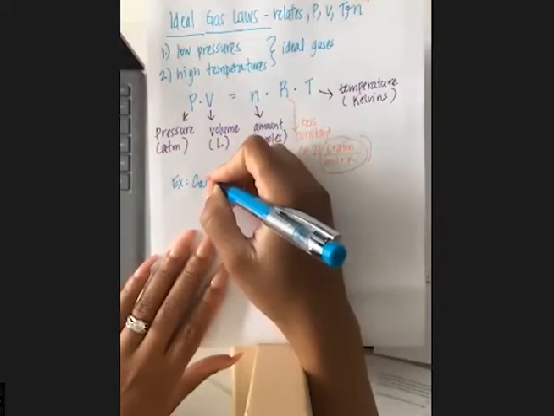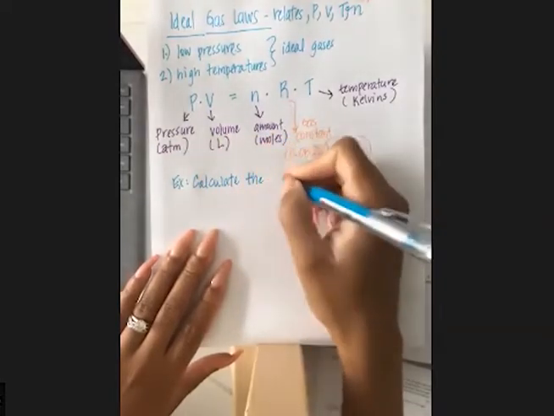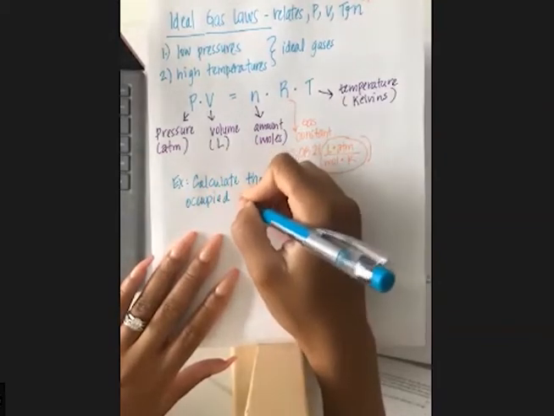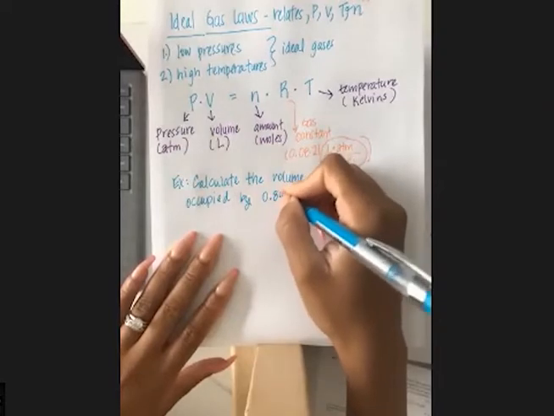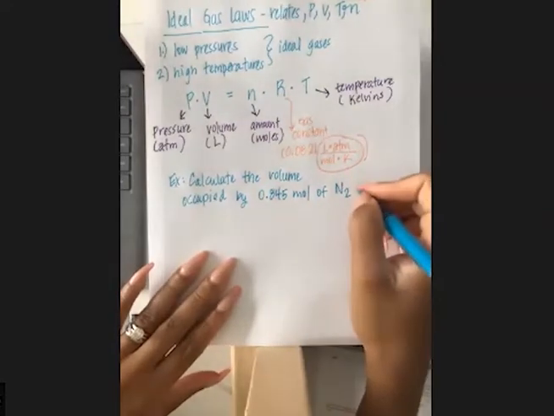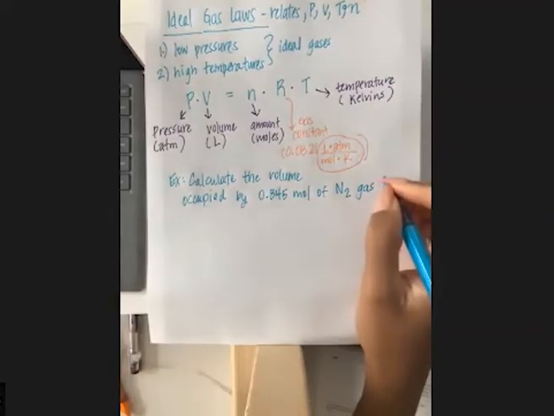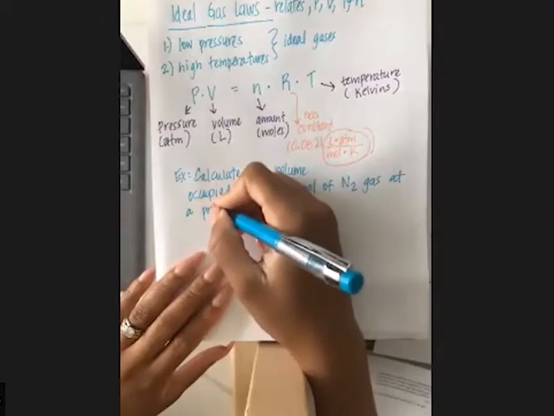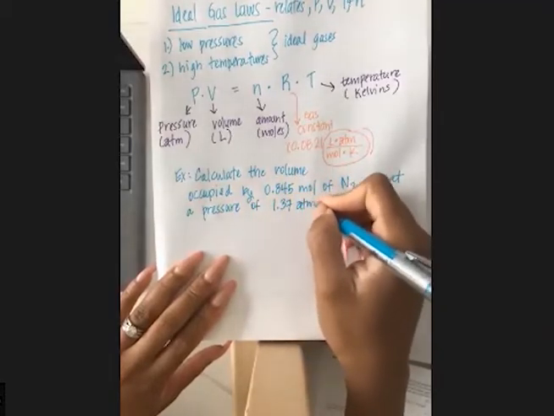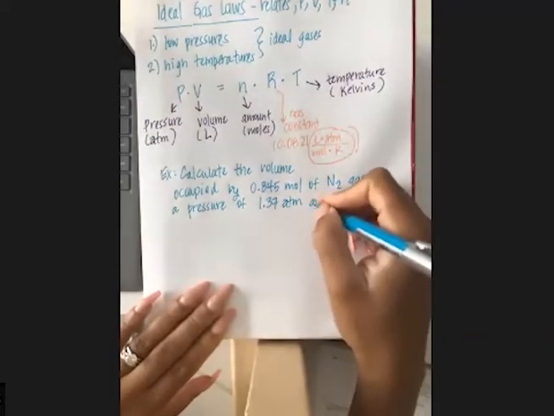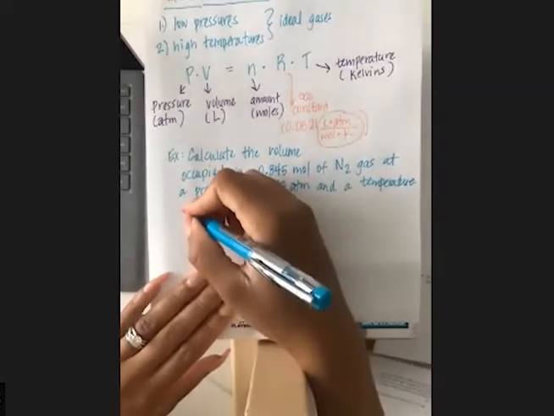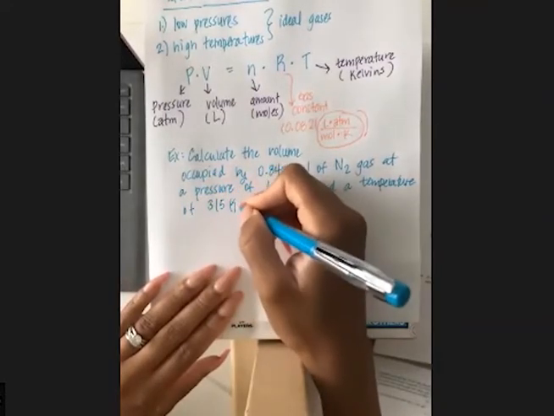The example says, let's calculate the volume occupied by 0.845 moles of nitrogen gas at a pressure of 1.37 atmospheres and a temperature of 315 K.